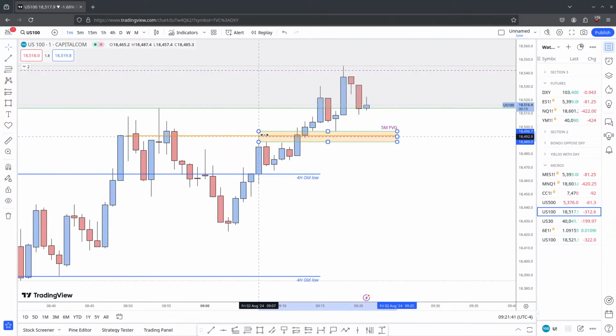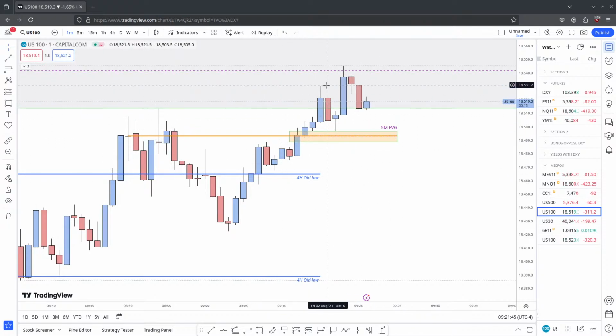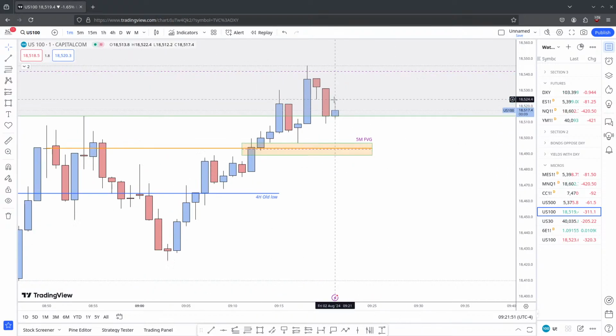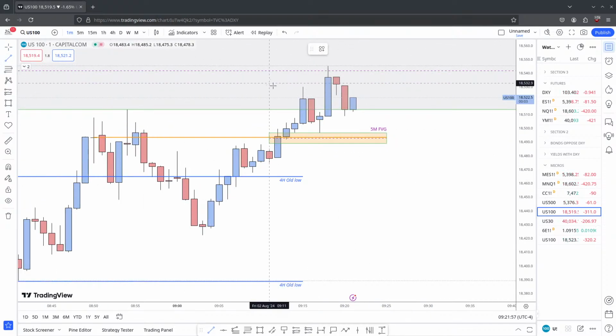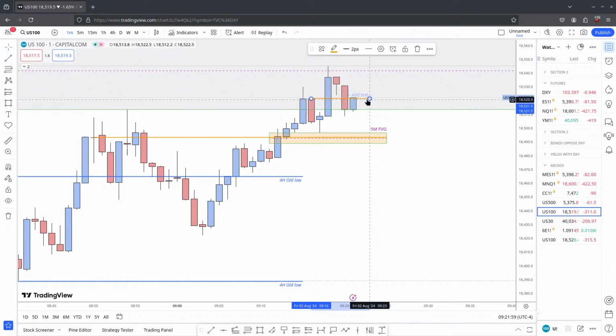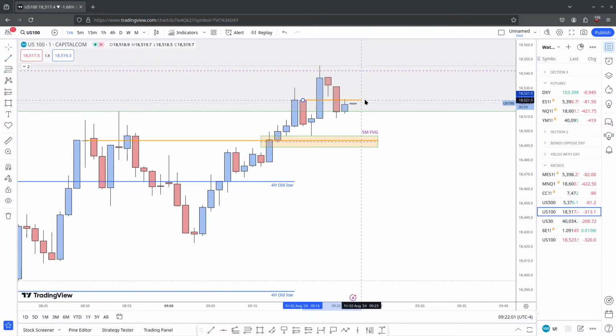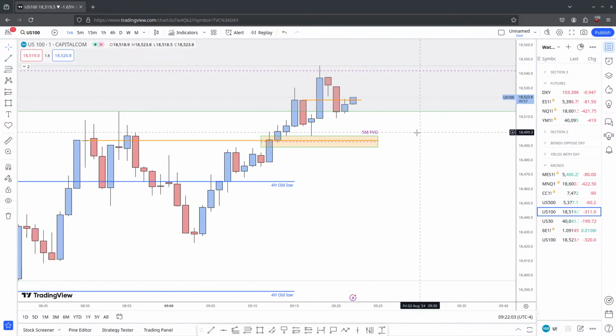9:20. We do have that candle there. We can look at that candle. Just keep that one in mind. See how it reacts. Would be ideal if we get below this and trade into this and then send it off higher. But we do have this 1 minute order block.